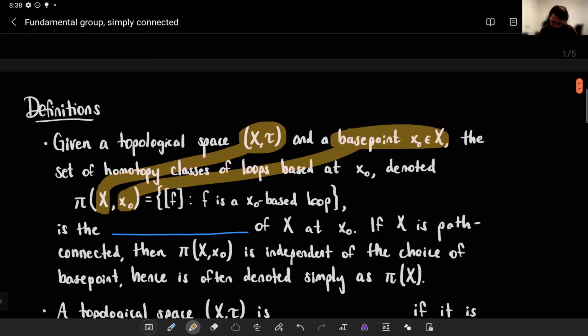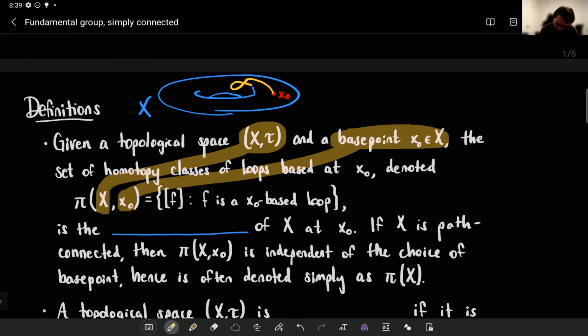Okay, so just a brief example, if our space was a torus, so that's capital X, and usually in most examples you see, you'll be free to pick any base point you want. But saying that's the base point, x0, means that I'm considering all loops that start and end at that particular point.